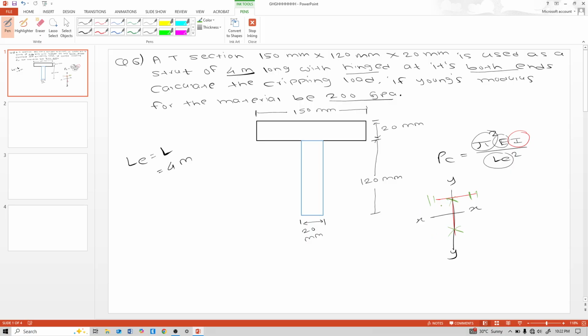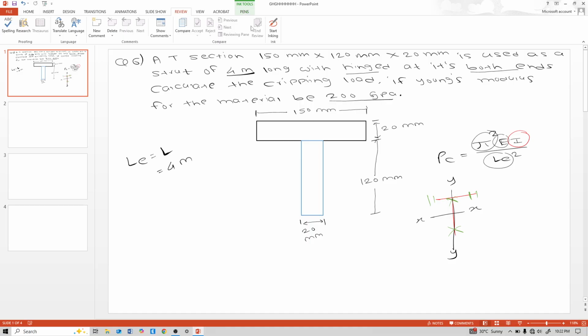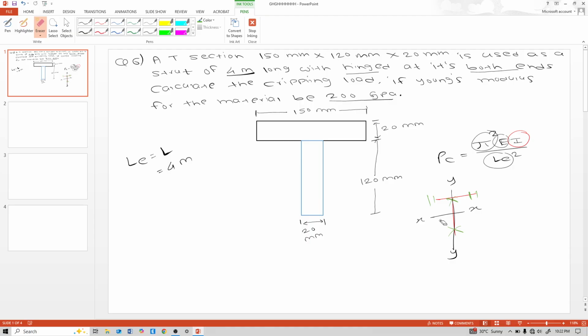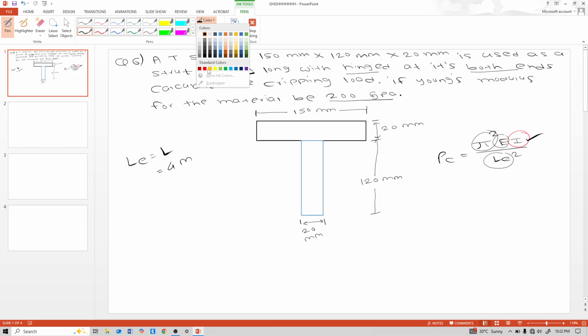So remember that the least moment of inertia we will consider here in this crippling load formula. So first find that moment of inertia. Finding moment of inertia is a crucial point in this numerical.